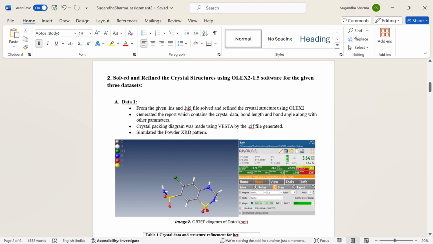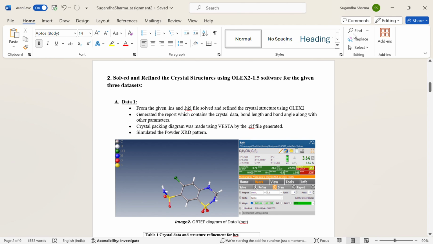To those atoms we compared the molecular formula from the INS and HKL file we loaded, and we compared it with the molecular formula from the paper sir uploaded. On comparing, we tried to assign the most plausible atoms to the spheres wherever it was possible.